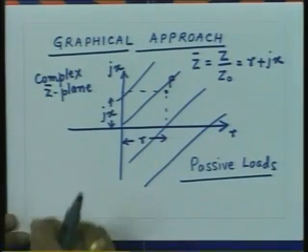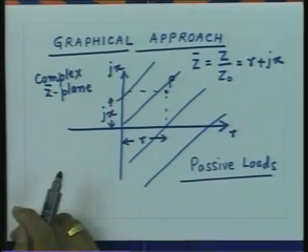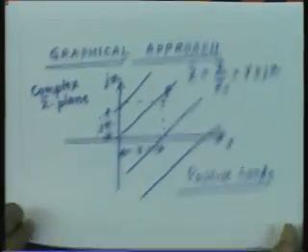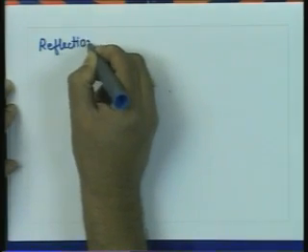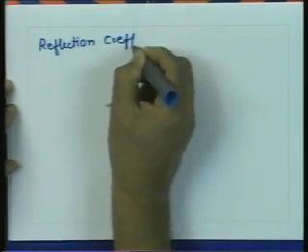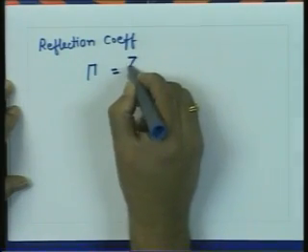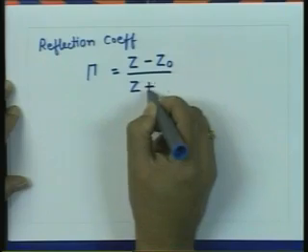Now, we know for every passive load we have a corresponding reflection coefficient value. As we have seen earlier, the reflection coefficient gamma is equal to Z minus Z0 divided by Z plus Z0.